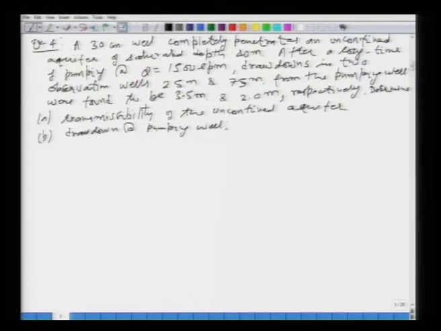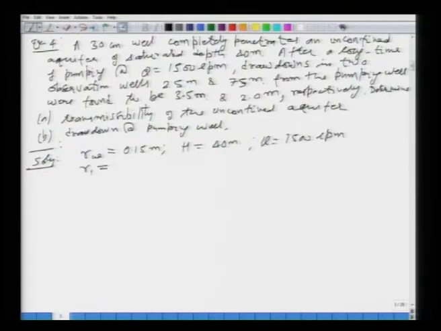All right. So, let us see how we can do this. Like earlier, let us list all the data that are given to us first. R w is 0.15 meters. Capital H is the height of the original groundwater table, which is given to you as 40 meters. The discharge is 1500 liters per minute.